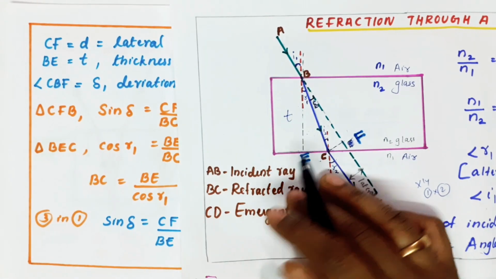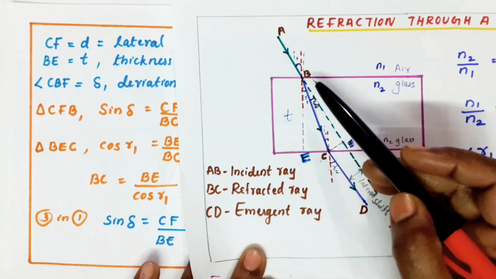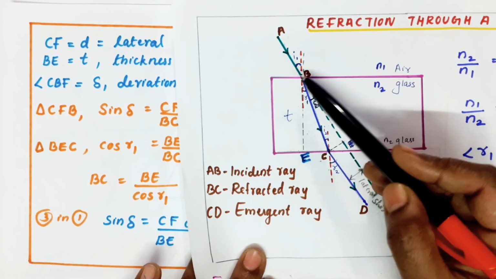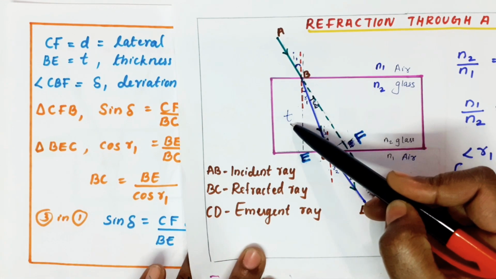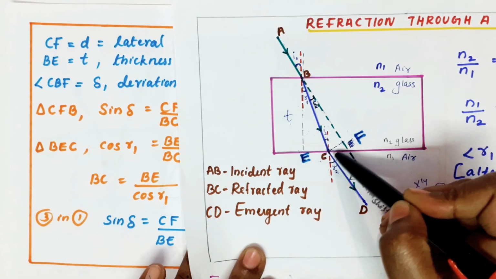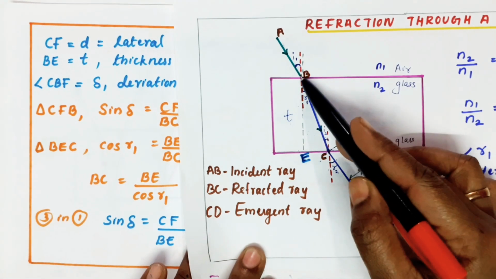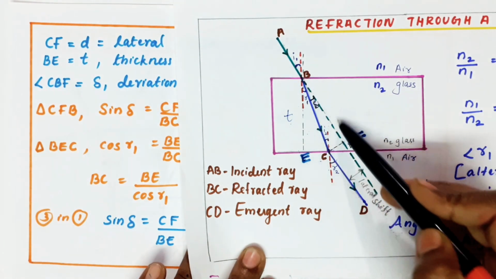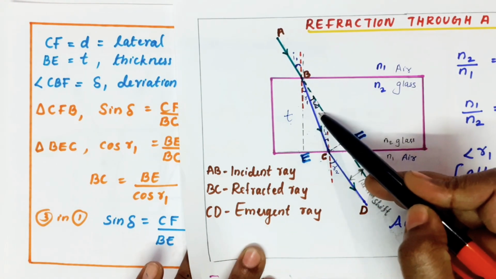For that, again I am just taking two triangles, right angle triangles. First, I am taking this perpendicular distance, which is nothing but the thickness of the slab, t. Another one I am taking is this CF, which is your lateral displacement, and if you just extend the incident ray backwards, the angle made here is called the deviation.